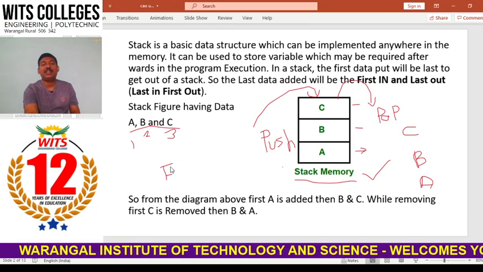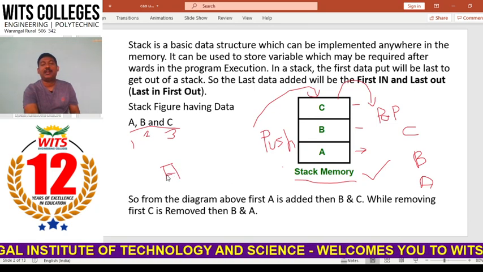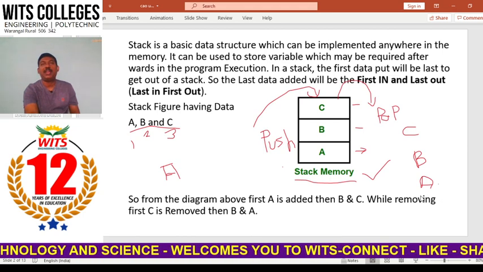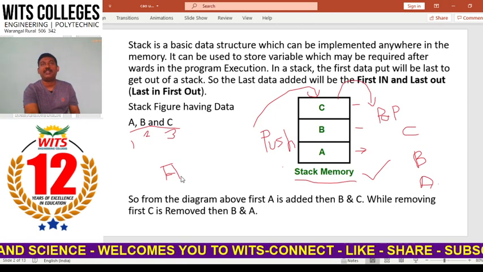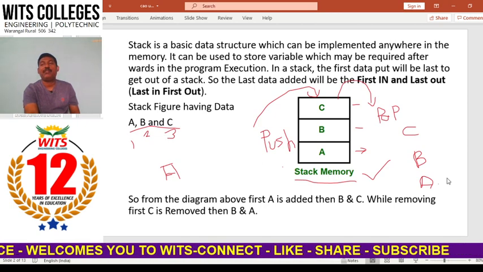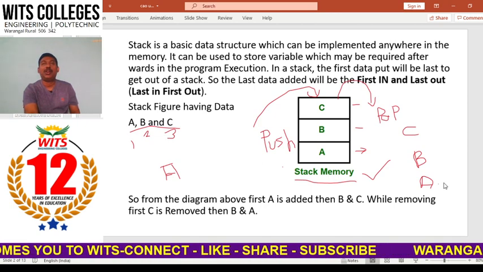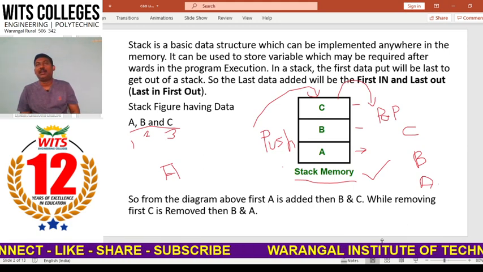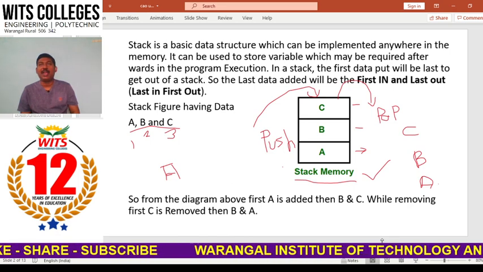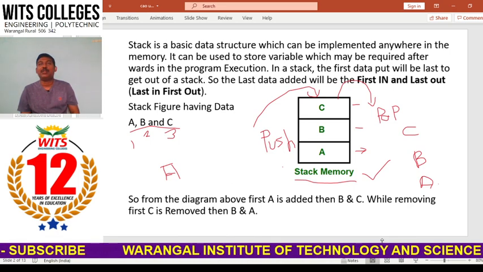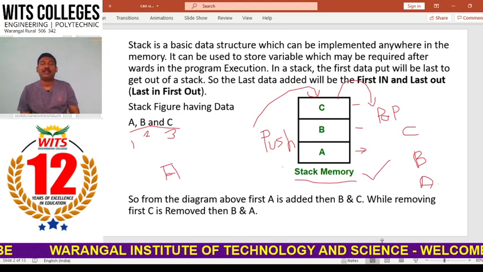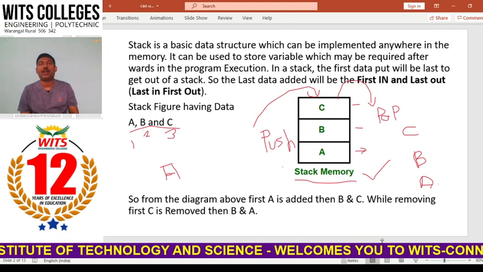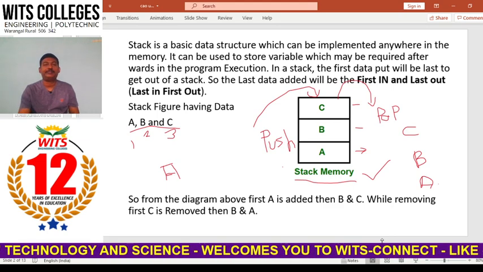First in is A, and last out is A. That means A we pushed first, but A we popped last. This diagram represents that first A is added, then B and C, while removing, C is removed, then B and then A. That's why this concept is called first in, last out, or last in, first out.